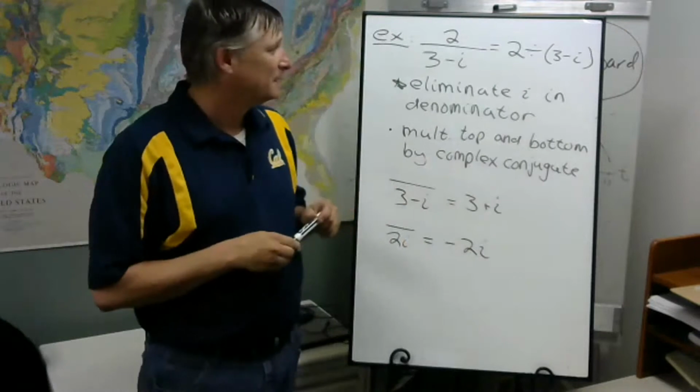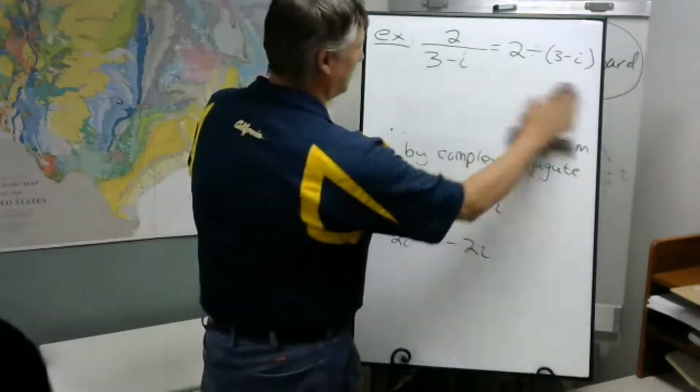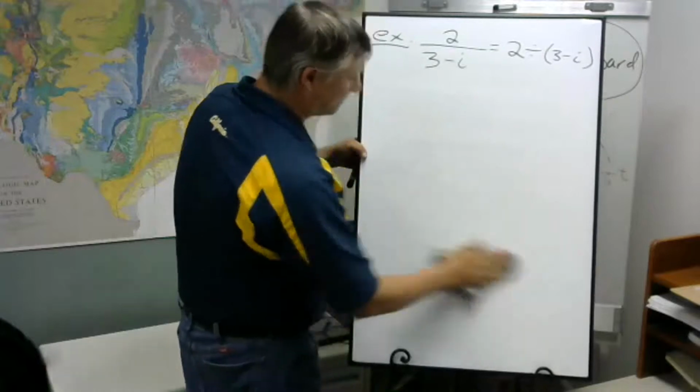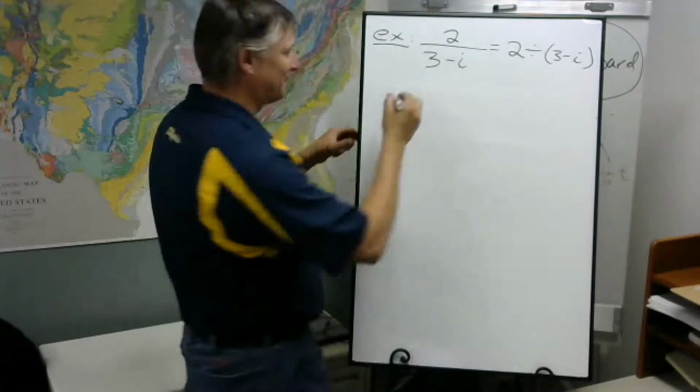And that's it. So what are we going to do with this? Well, this is what we're going to do. We're going to multiply top and bottom by the complex conjugate of 3 minus i.